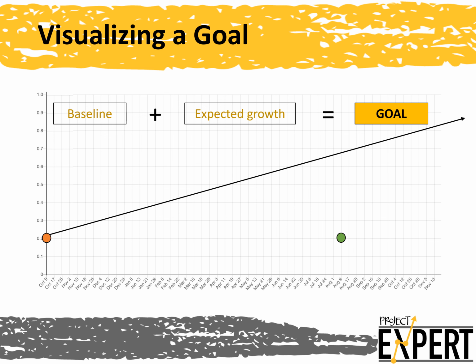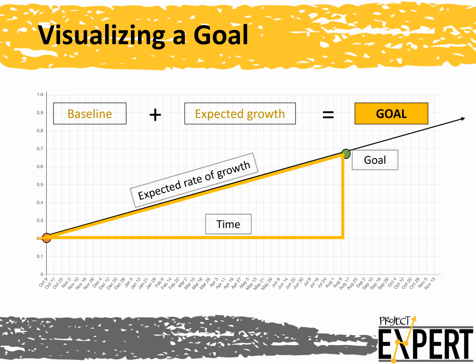So assume we think the student will grow at this rate till the end of time. Our goal is the student's growth at the end of this period. So we take how much we expect them to grow over time and limit it based on the time we have. Those 2 pieces together give us our goal. However, we need to calculate this expected rate of growth. It isn't something we would just know inherently.